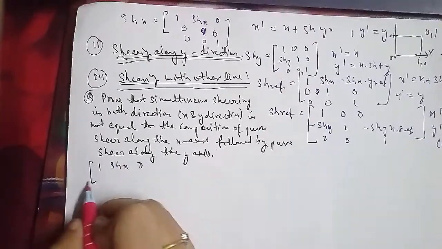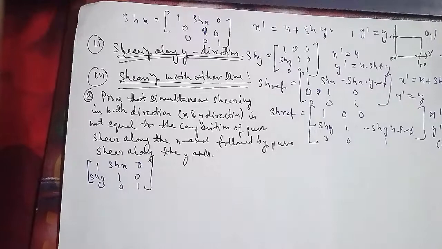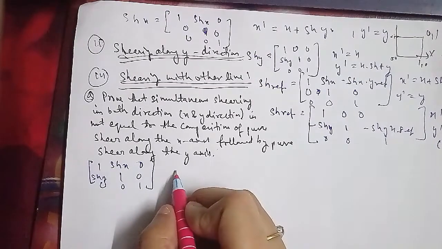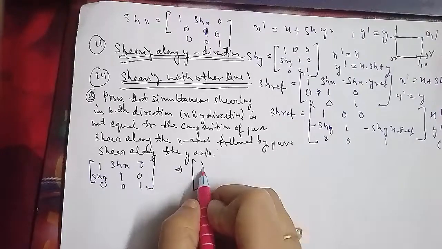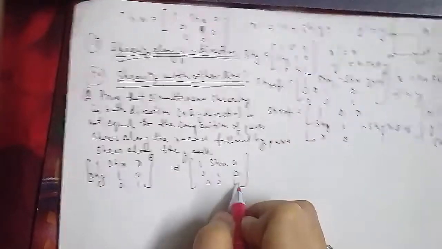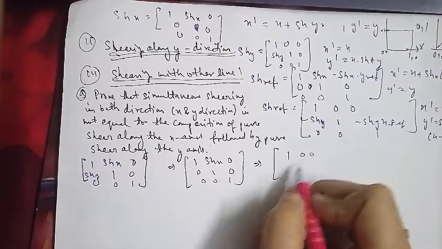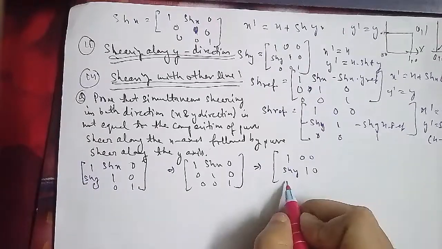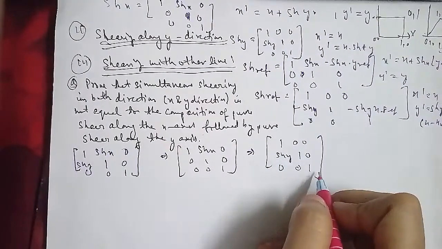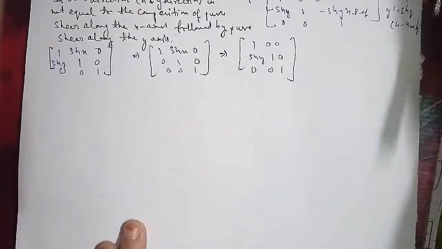We multiply the two matrices, which gives the matrix: 1, shx, 0; shy, 1 plus shx times shy, 0; 0, 0, 1.